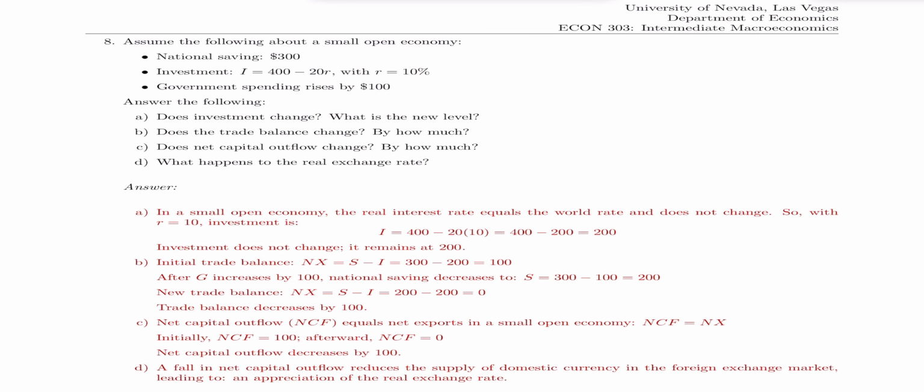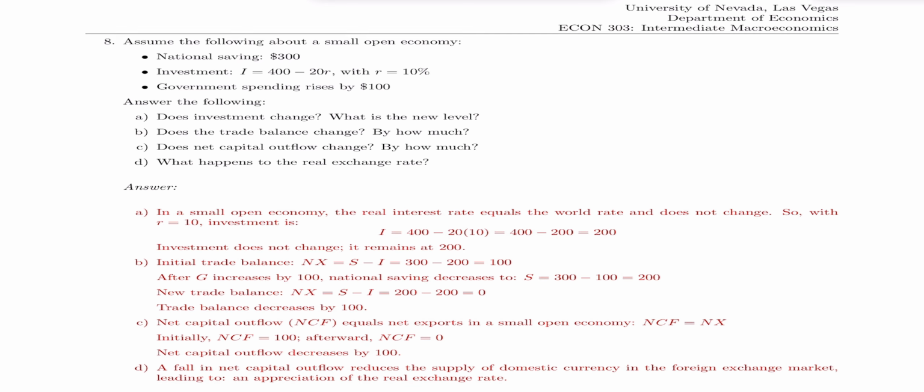Question number 8. We are given S equals 300, I equals 400 minus 20R, and R equals 10%. A. The investment remains unchanged since R is fixed. Substituting the values gives I equals 200. B. Initial trade balance NX equals S minus I equals 300 minus 200 equals 100.